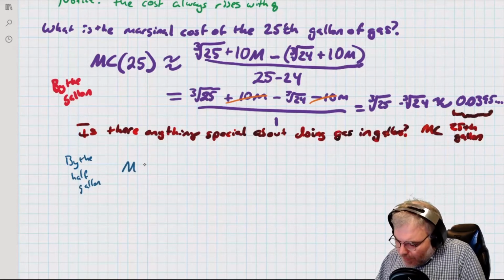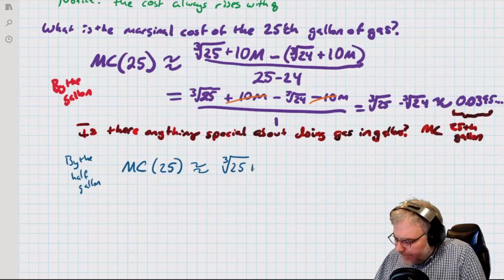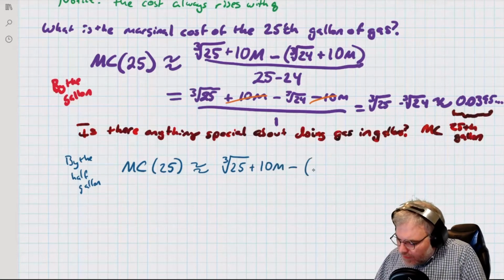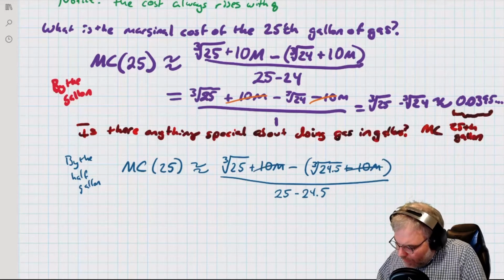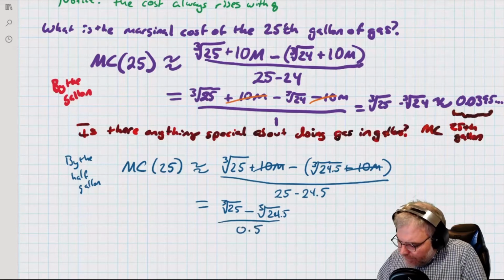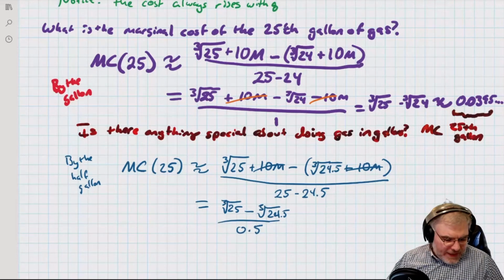So the marginal cost of 25 done by the half gallon would be the cube root of 25 plus the 10 mil, which is going to go away, minus the cube root of 24.5 plus the 10 mil, which is going to go away, over 25 minus 24.5, which is going to equal the cube root of 25 minus the cube root of 24.5 over 0.5.